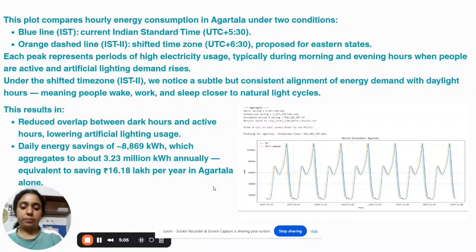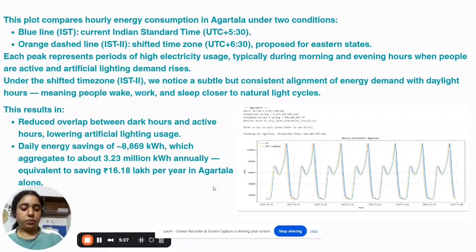When extrapolated across similar northeastern cities, this points to a national energy conservation potential of several hundred million kilowatt hours per year, all without any infrastructural investment, purely through temporal realignment.